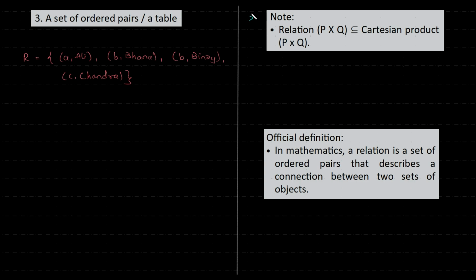A small note before we end the video: a relation from P cross Q will always be a subset, or it can select all of the combinations of the Cartesian product of P cross Q. Does it make sense? Right? It's not that hard. So subset and all of that, I hope you guys remember. And this symbol represents that it can be a subset or even equal to the Cartesian product. That is, all of the outcomes can be related. Anyways.